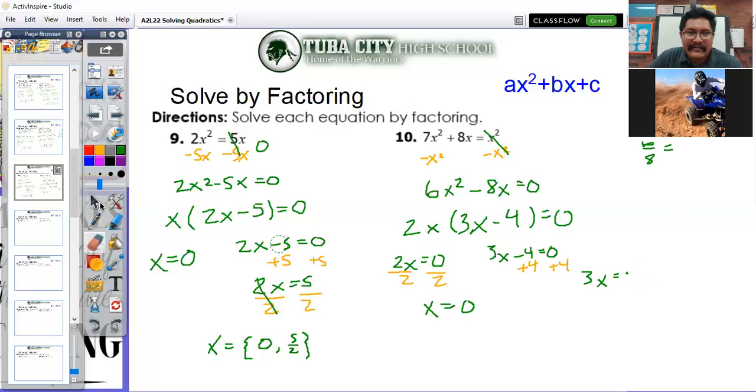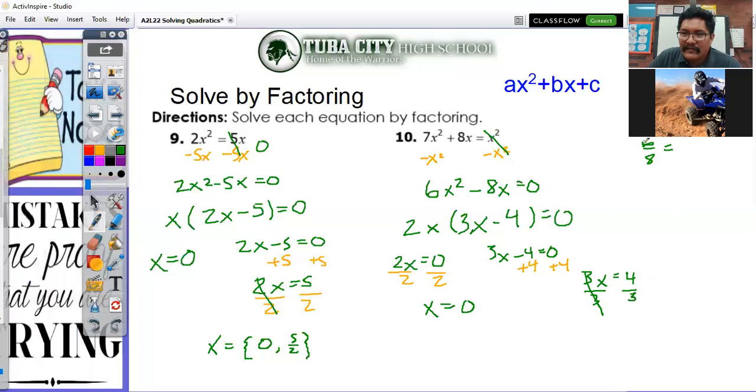Oopsie, I was thinking of 8 in the back of my head. But if I divide both sides by 3, that's going to cancel out. But then if I didn't reduce it, okay, I'm probably just confusing you even more. But we would still get the same thing. That's what I'm getting at.